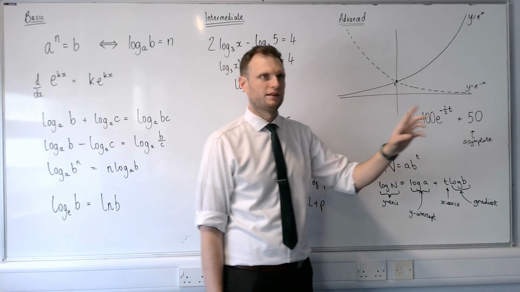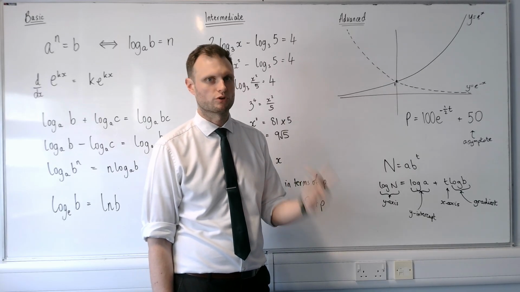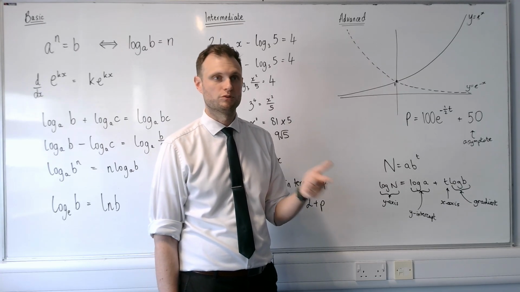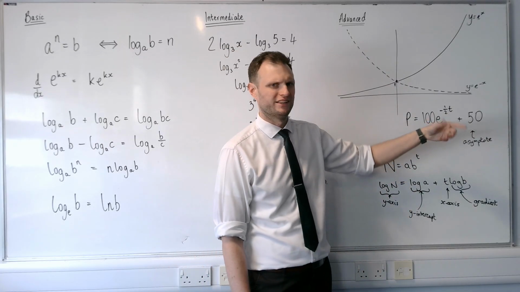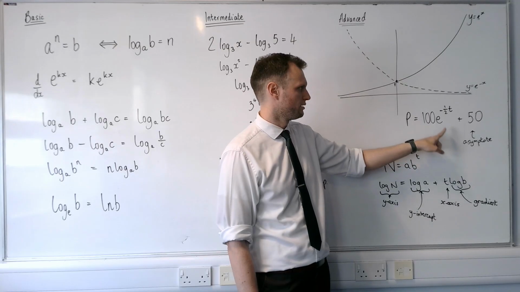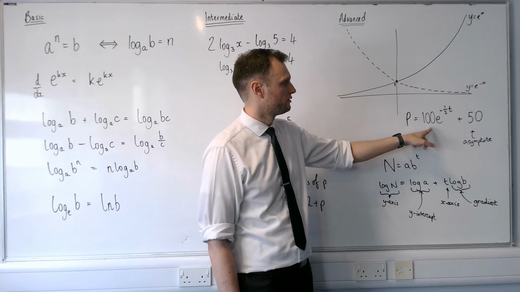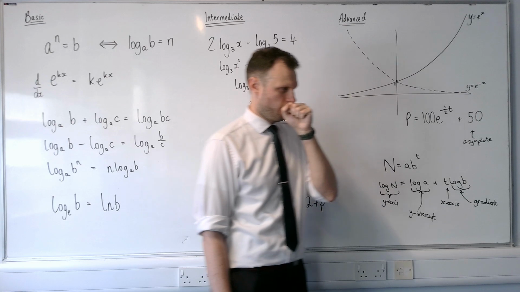Now exponential models differ from, say, straight line models or quadratics, because when you put t equals 0, the term disappears. But with these, because it's a power, putting in 0 means that it doesn't disappear, because e to the power of 0 is 1, so you still have that. So here the initial value would be 100 plus 50.